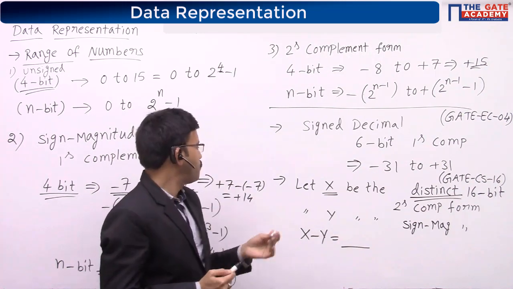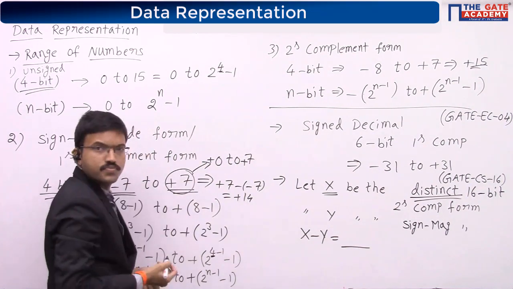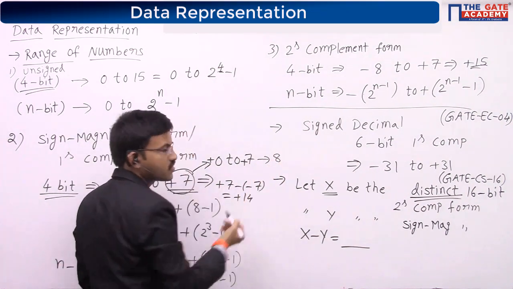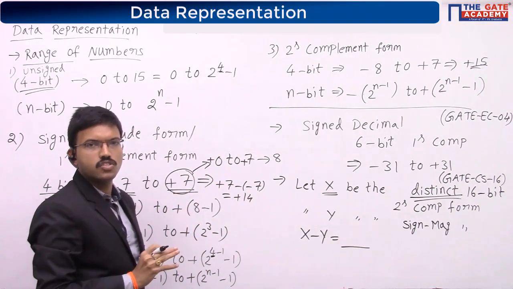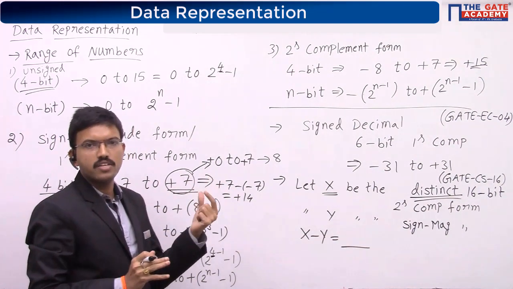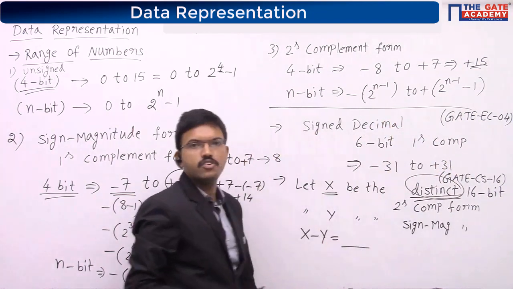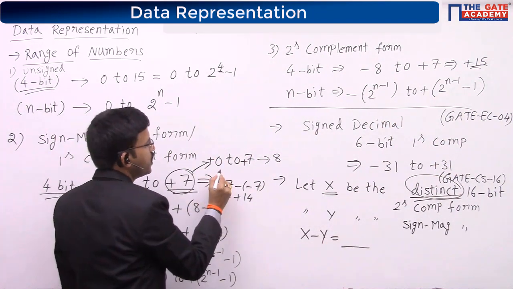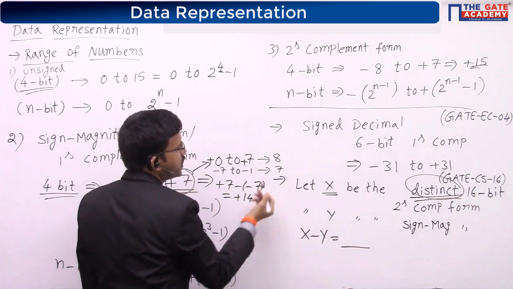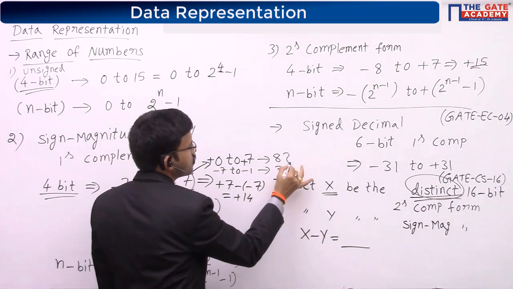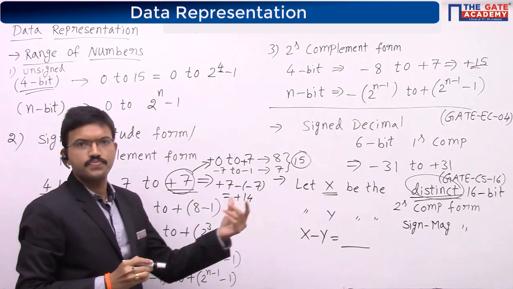So here you are having 0 to 7, that is 8 numbers. Similarly for the negatives, since plus 0 and minus 0 are the same, you have to consider minus 7 to minus 1. So here you are getting 7 only. So 8 plus 7 is 15. Total distinct integers is 15.